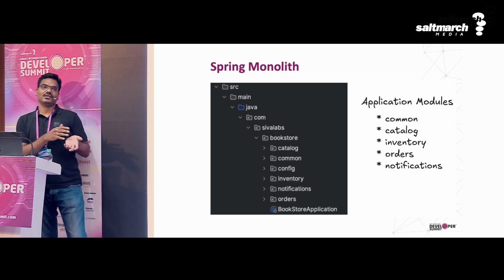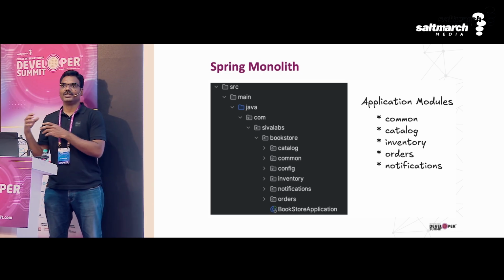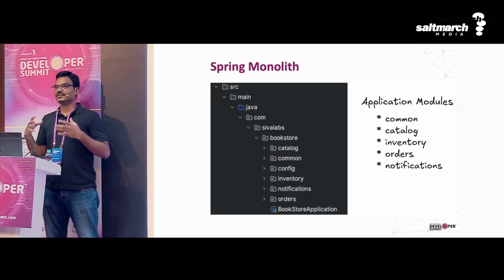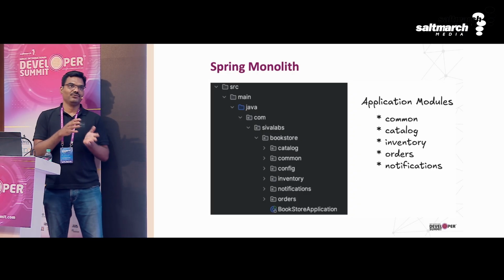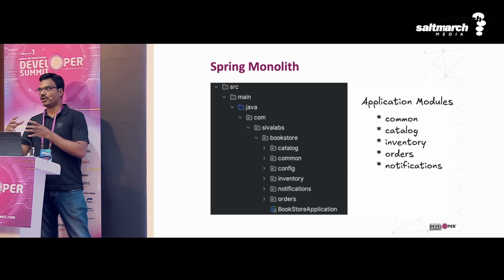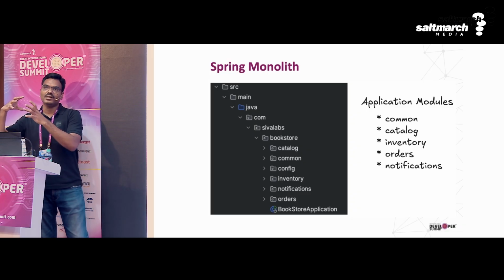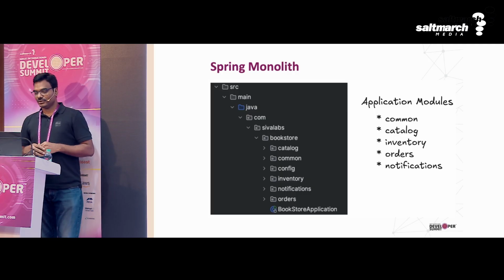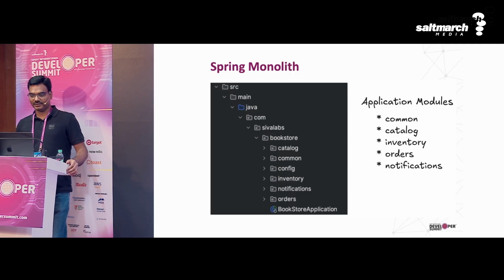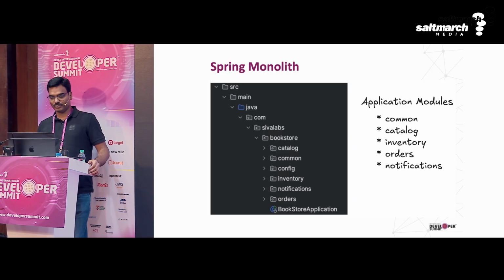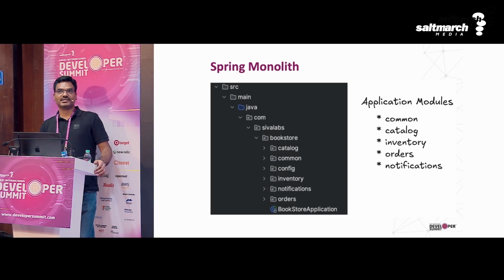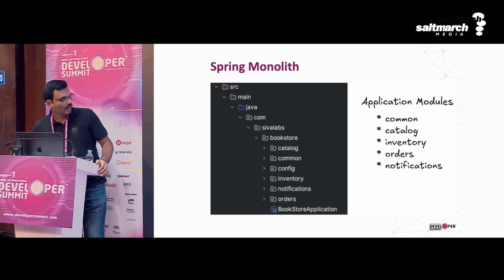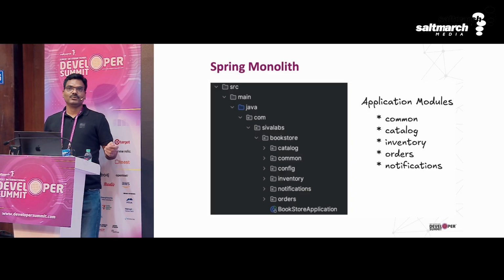It is highly recommended to follow package by feature, or you can also say package by module, where you put everything related to one subsystem into one package. So here we have a bookstore application, and if you are familiar with Spring Boot, you know this bookstore application class is our main entry point into the Spring Boot application. This is what you run to start it.